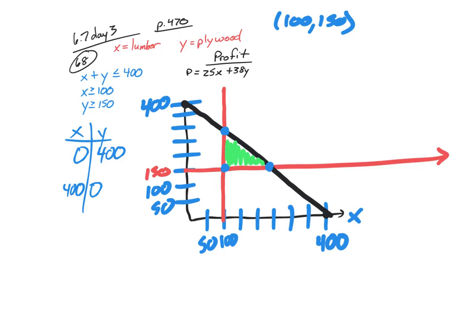Okay, and really these aren't too bad. You really don't even need your calculator for this because this one has an x value of 100, and if I put an x value of 100 into this equation right here, then my y value would have to be 300, right? So this would be 100, 300.